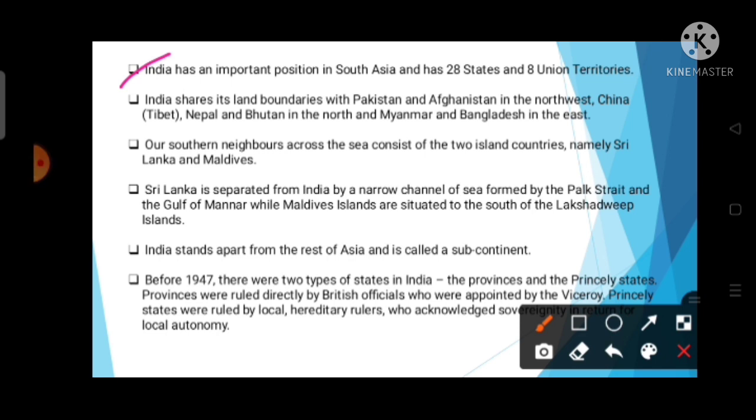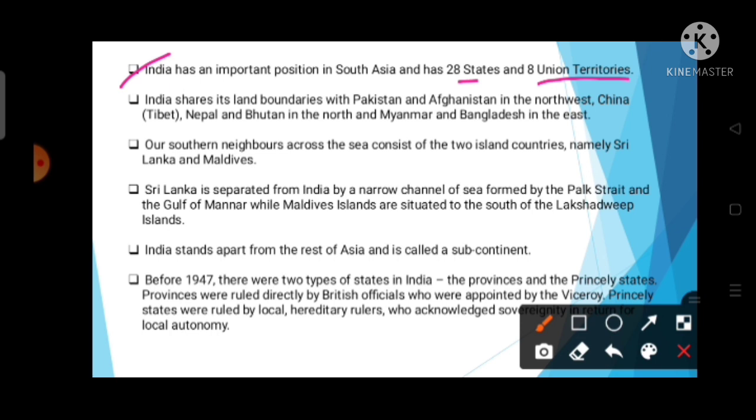India has an important position in South Asia and has 28 states and 8 union territories. In your NCERT book, it is given that there are 29 states and 7 union territories, but it is not correct right now. It has changed because Jammu and Kashmir is not a state right now.